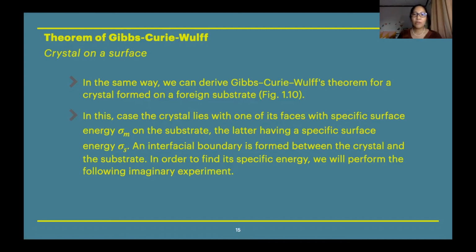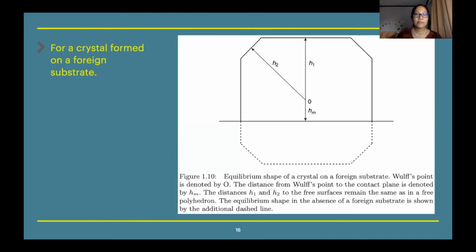An interfacial boundary is formed between the crystal and the substrate. Then we want to find this specific energy. So we will perform an imaginary experiment. But before we do that, let's look again at figure 1.10, illustrating the equilibrium shape of a crystal on a foreign substrate.